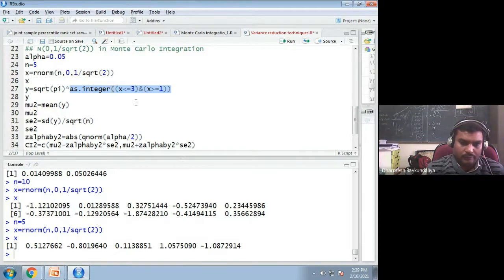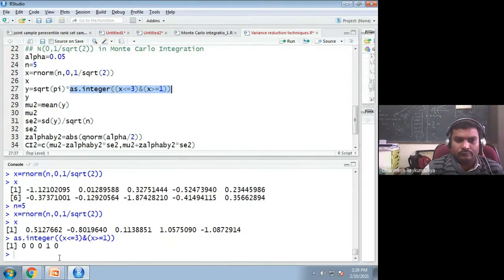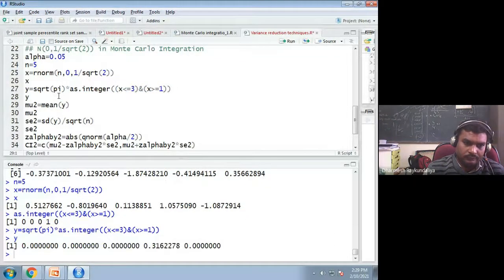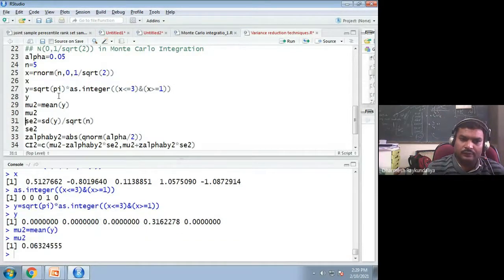Sorry, it is not greater than 1 and less than 3 but not greater than 1, so it is 0. This is the minus, this is also 0, but this is greater than 1 and less than 3, so it has taken 1 here. And this is not greater than 1, so it is 0. Okay, so after getting this, you can calculate the y. This is your y, and then you can find out the mean. This is your mean.